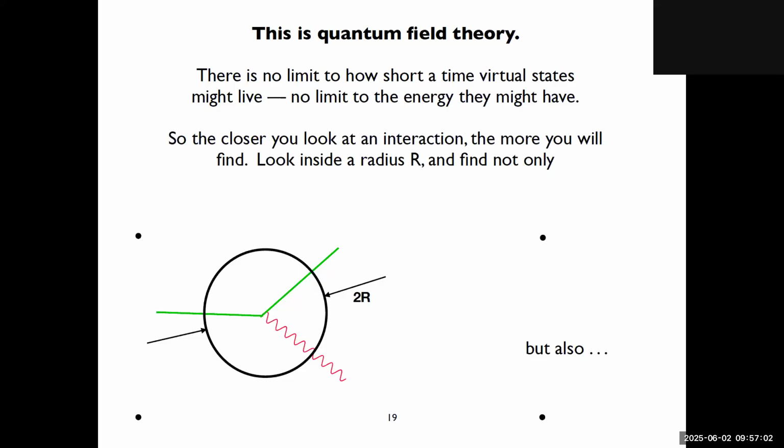But because there's no limit to how short a time these processes can live, the closer you look at an interaction, the more you will find. And so, for example, suppose we said, well, what we know is we sent in an electron, and then we looked a little while later, like with an X-ray apparatus, and there was an electron plus a photon. And that was the photon that produced the X-ray by scattering off the nucleus, let's say.